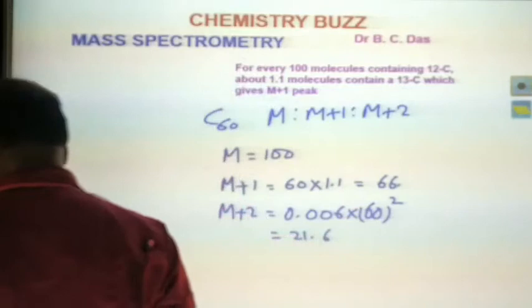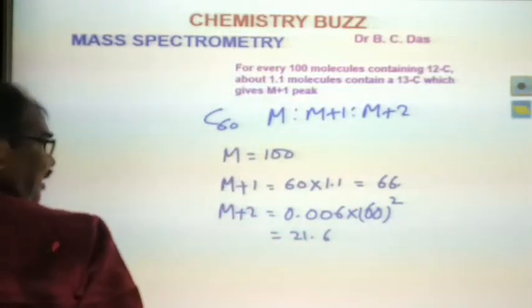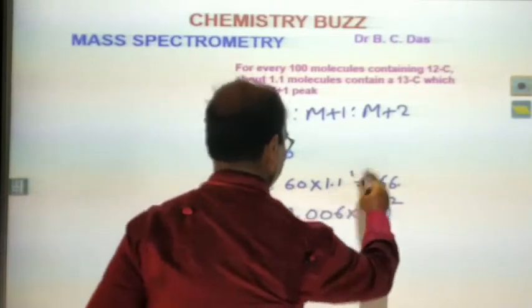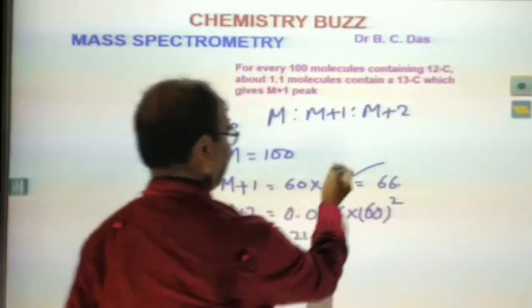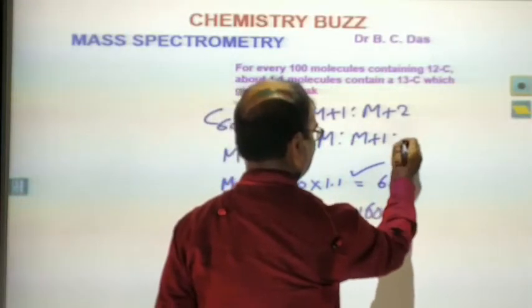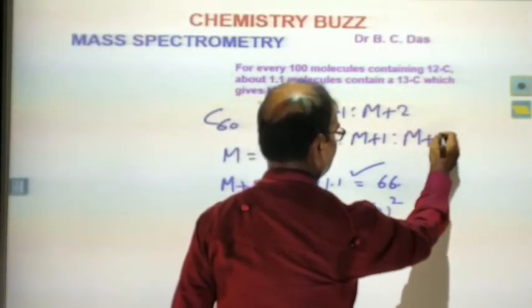Now we will find the ratio M is to M plus 1 is to M plus 2.